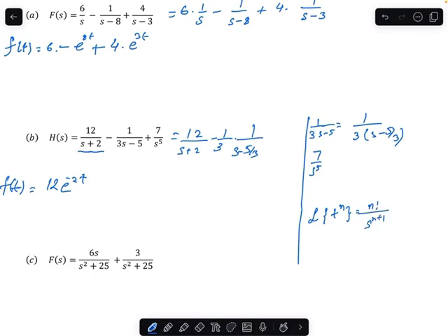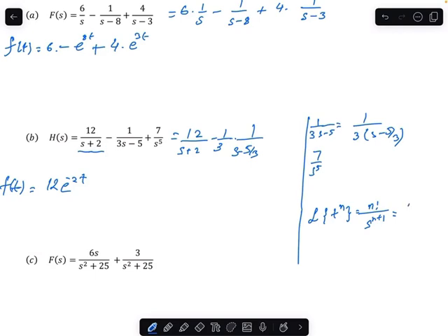So whenever you have an s at the bottom and raised to some power, power greater than 1, then this is the inverse Laplace transform of t to the n.